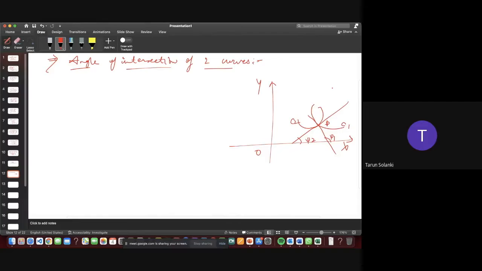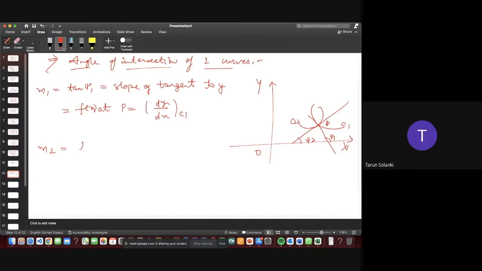Then what we can conclude is that m1 equals tan psi 1, which is the slope of the tangent to y equals f(x) at P, which equals dy by dx at C1.